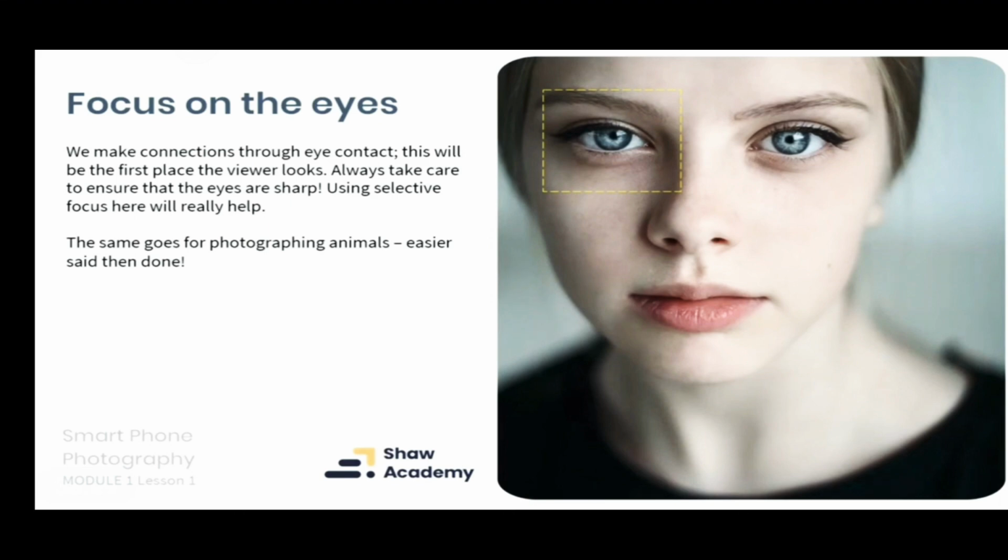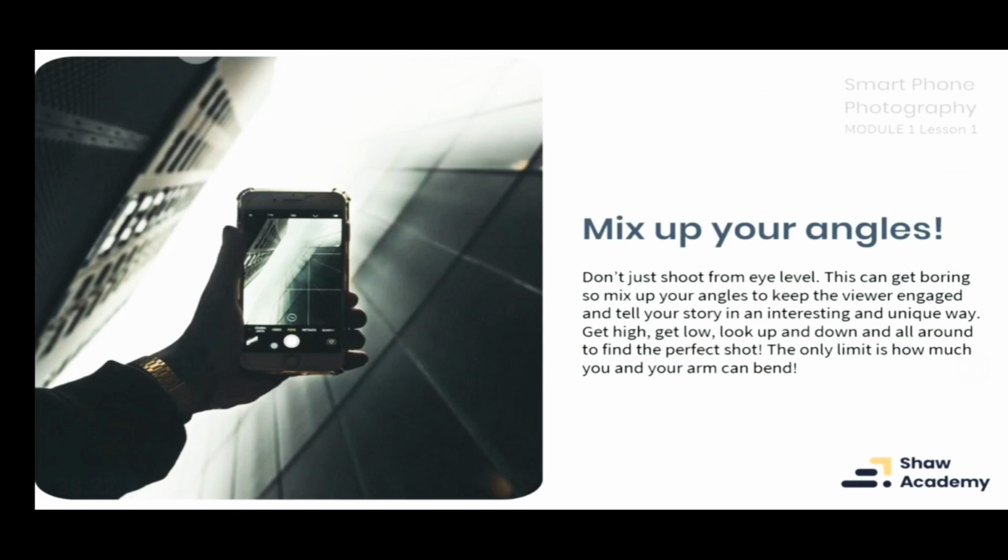And the same goes for pets and for animals as well. We make connections through the eyes. As they say, they're the windows to our soul. So always make sure that they're sharp, as it's always the first place where someone instinctively looks in a portrait.